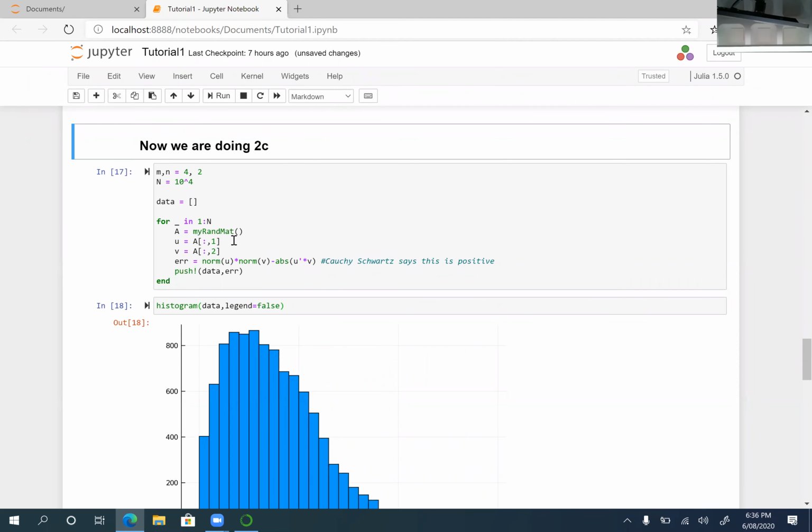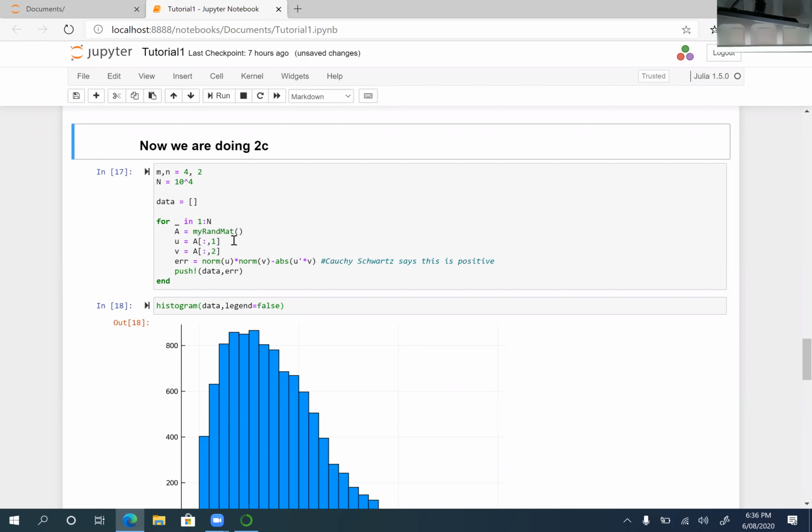Okay, so now ERR equals norm U norm V minus absolute value of U transpose times V. What is going on here is we're basically checking the Cauchy-Schwarz inequality, right?